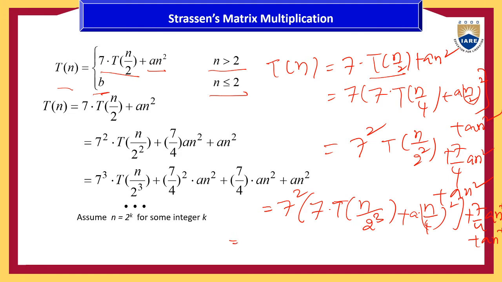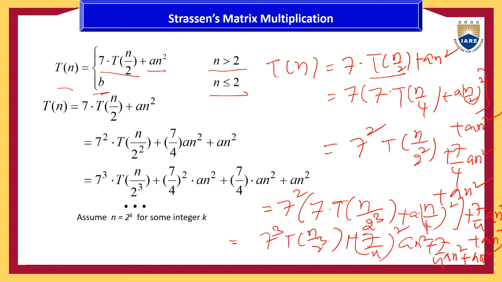Which is equal to 7 cube T of n by 2 cube plus (7 by 4) whole square a n square plus 7 by 4 a n square plus a n square. Repeating like this, after 3 times you get a cube. Suppose you repeat this some k times.